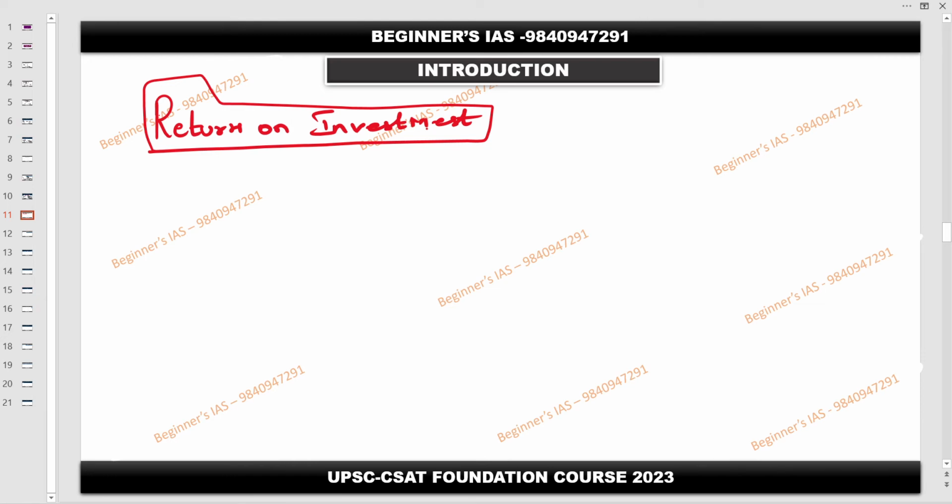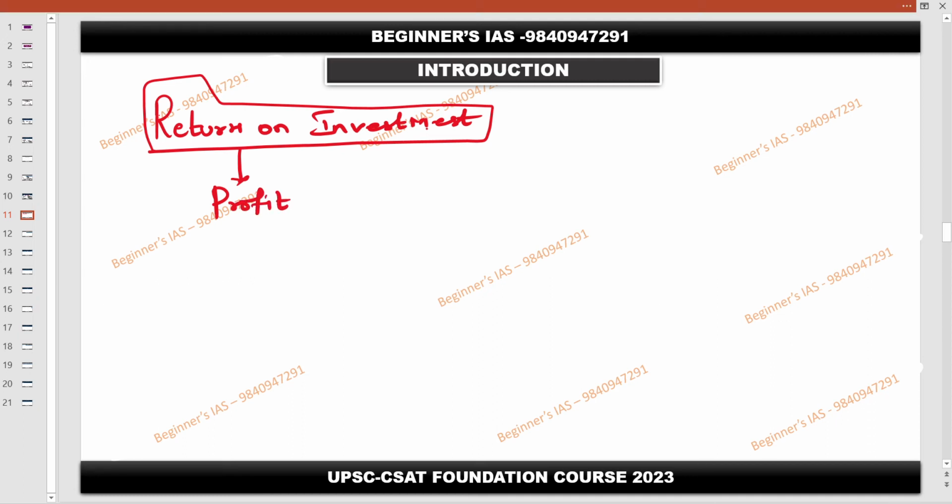Return on investment means what? A simple term: profit. You are investing something, what would be the return? How much we get back, that is going to be the percentage profit. Understood? So suppose you are investing some money in some business, obviously you expect some more money than the investment. Understood or not?